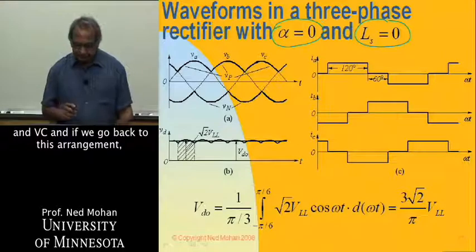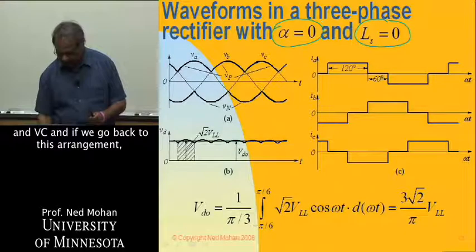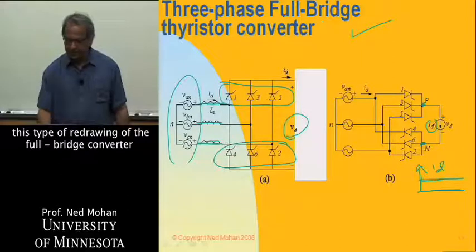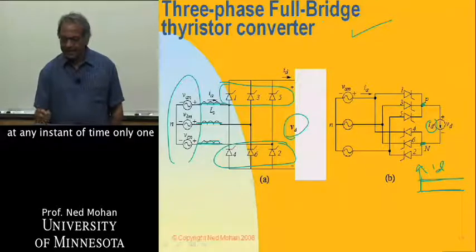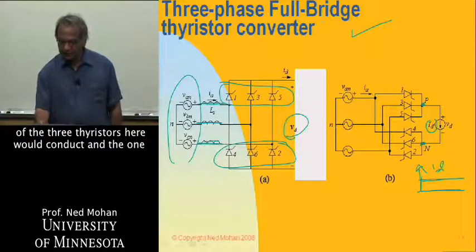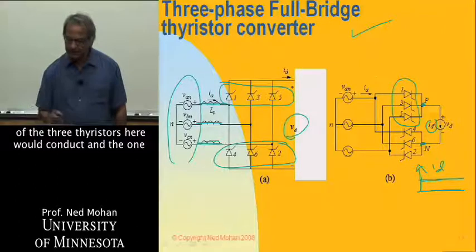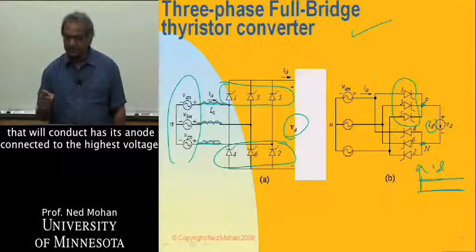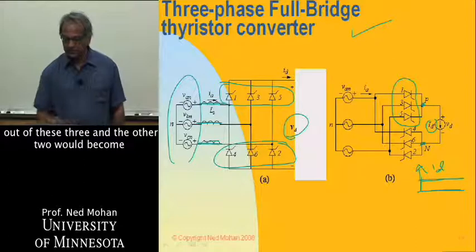So what we see here, we have these 3 phase voltages coming in, V_A, V_B, and V_C. And if we go back to this arrangement, this type of redrawing of the full bridge converter, at any instant of time, only one of the 3 thyristors here would conduct. And the one that will conduct has its anode connected to the highest voltage out of these 3.